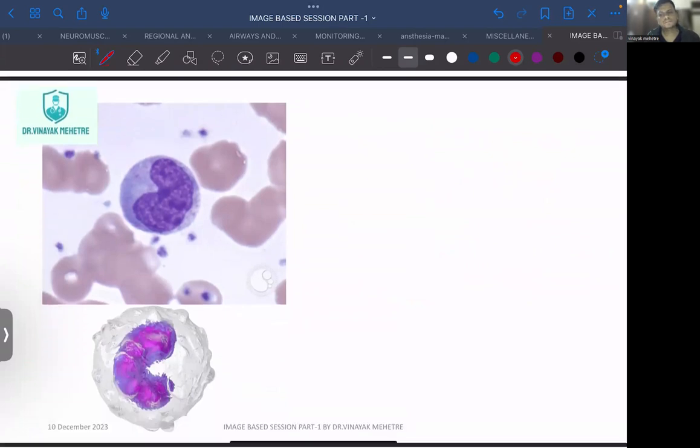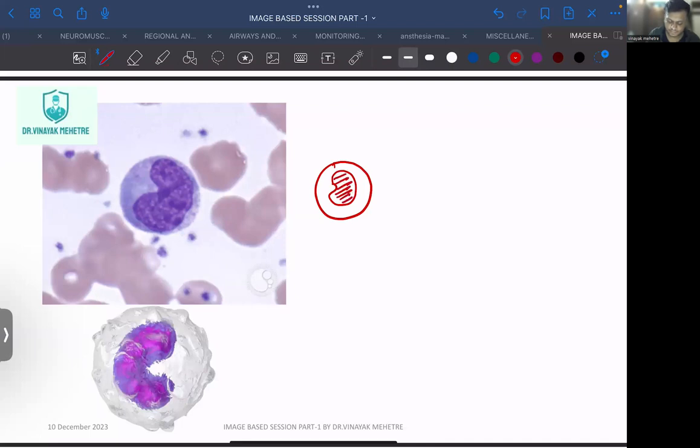Which one is this? It looks like a kidney cell, right?